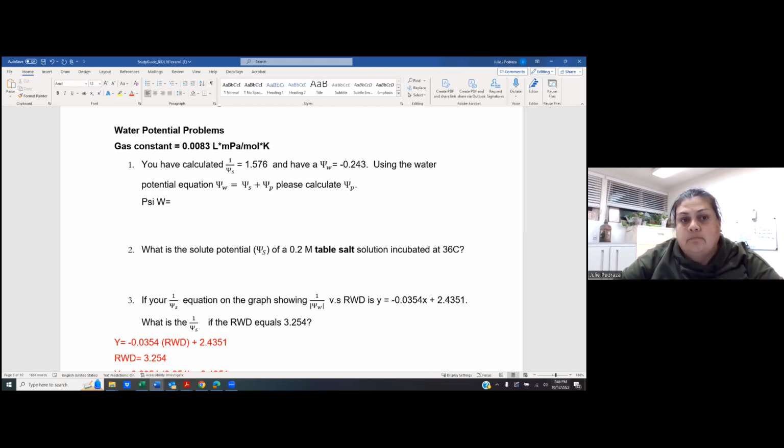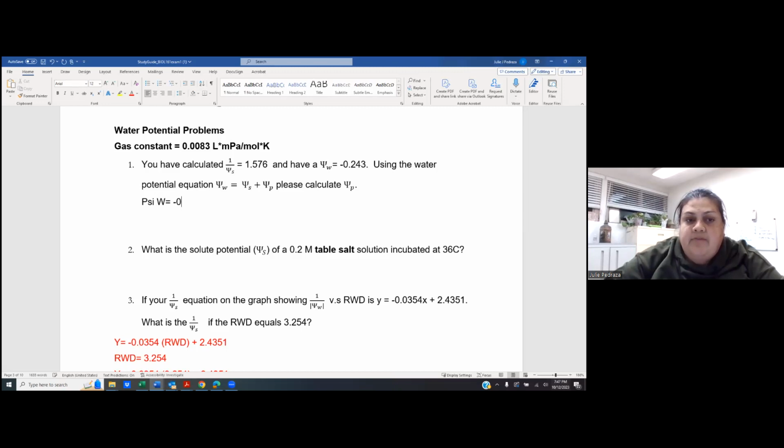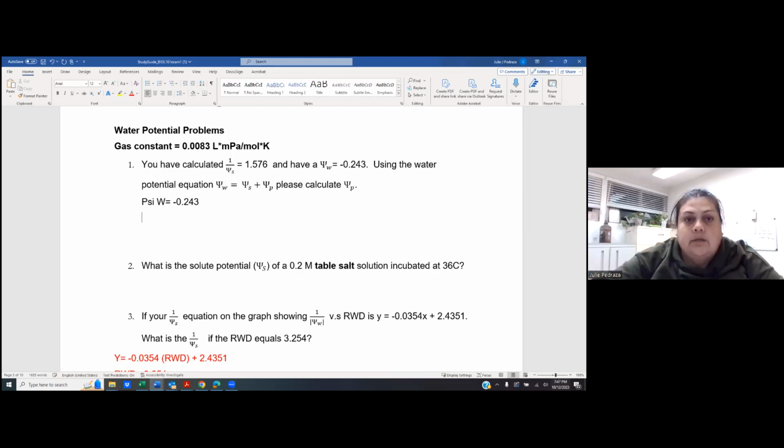Go, Jesse. Negative 0.243. Good job. Thank you. And that it's correct because why? It's negative. Yes, awesome. Okay. But you have the inverse and absolute value of psi s, right?